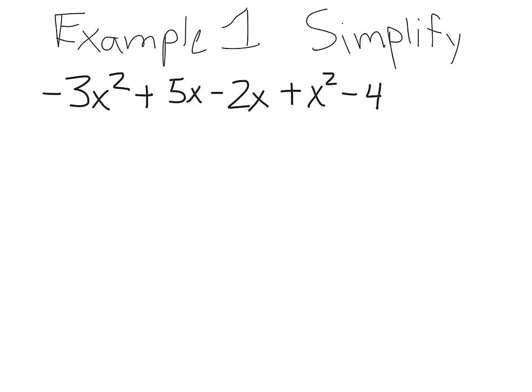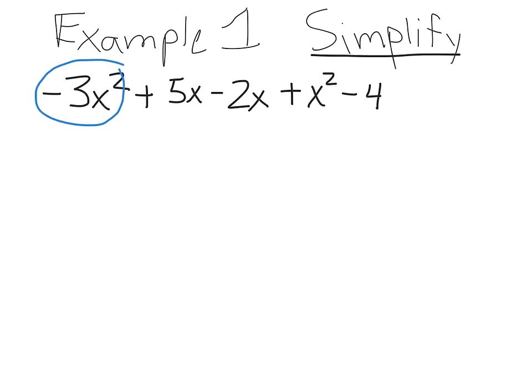Now, let's get into some example problems. In example 1, they're going to give us a polynomial here, and they want us to simplify it. A polynomial is simplified when there are no like terms that are not combined. So right here, what we want to do is combine like terms.